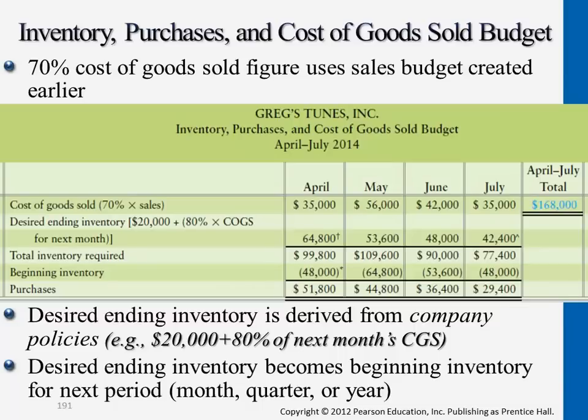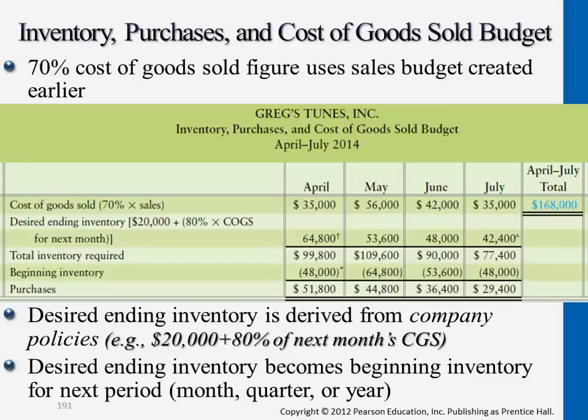Now, desired inventory is also the same. Companies may set policies. In this particular example, they set it so that they want at least $20,000 in the warehouse, plus 80% of next month's cost of goods sold. So what does this mean?